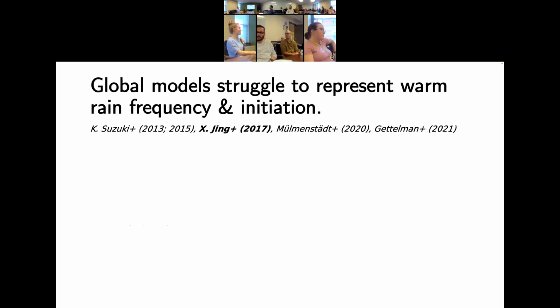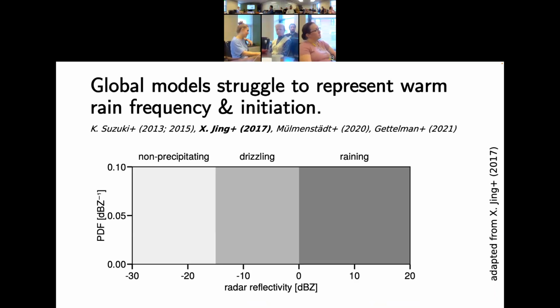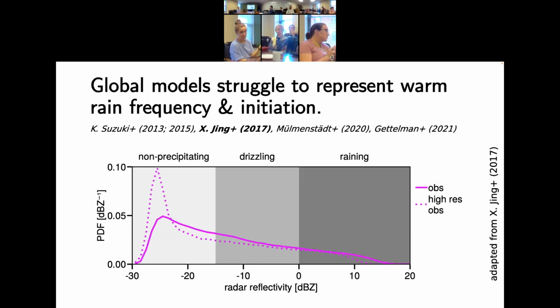To look at this problem, I will show some CloudSat data. Here we have radar reflectivity on the x-axis, divided schematically into three regimes: non-precipitating, drizzling, and raining. And I'll show PDF on the y-axis. Here in the pink we have data from CloudSat at two different spatial scales to compare to different spatial scales of models.